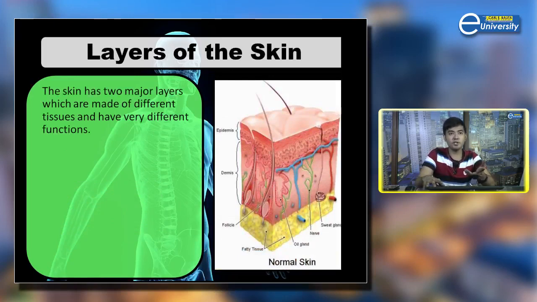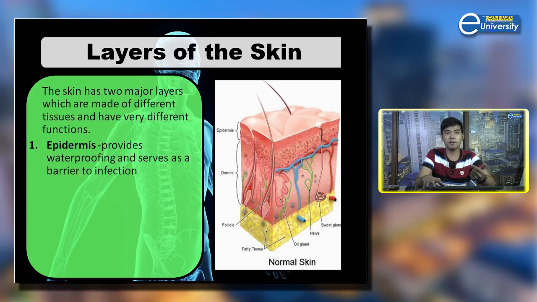The skin has two major layers. The first layer is the epidermis. The epidermis is the outer layer and it provides waterproofing and serves as a barrier against infection. It provides waterproofing because our sweat glands release waxy substances, and keratin, which is present in our skin, is a kind of protein which is hydrophobic, or water-fearing.